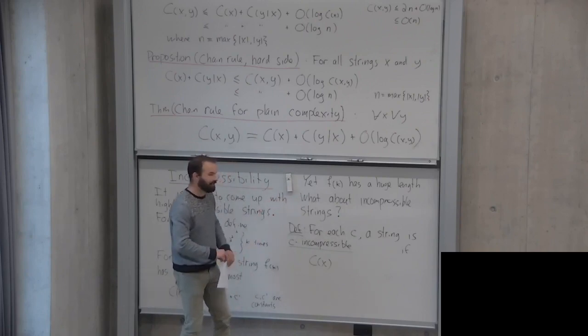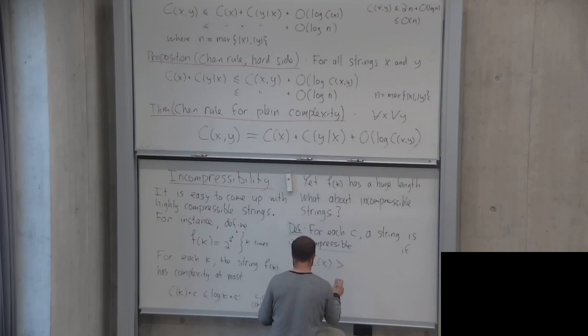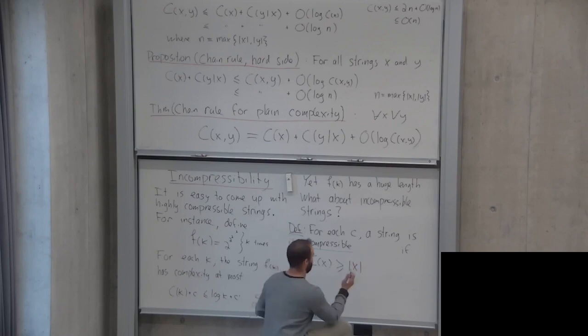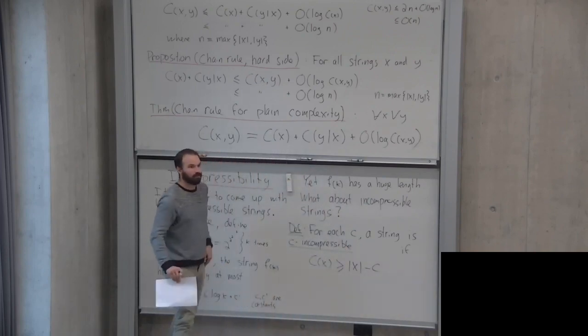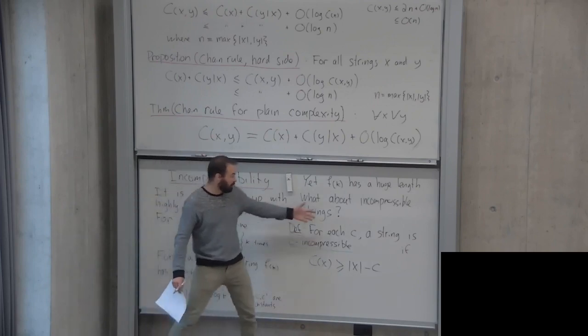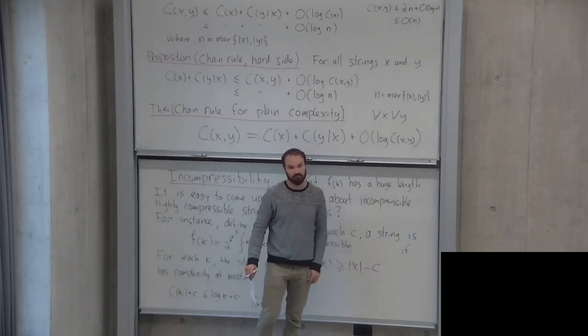So we want the complexity C of x to be larger or equal to the length of x, and we might give a little loose of c bits, minus c. So it is 0 incompressible if its complexity is larger or equal to its length.